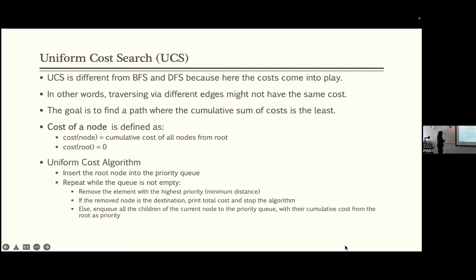If we want to go this way, what would be the cost of F? There are two different ways. If we follow A, B, D, and F, it will cost us 13 and 14.